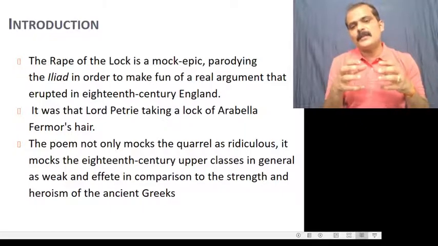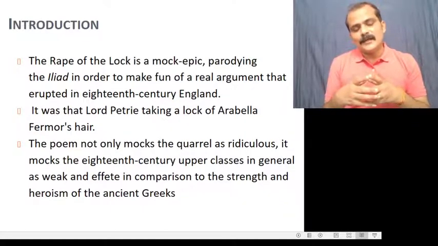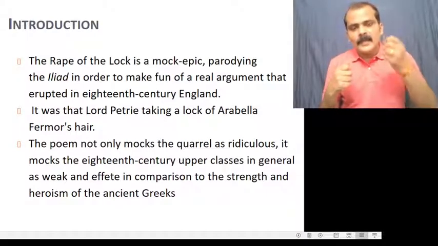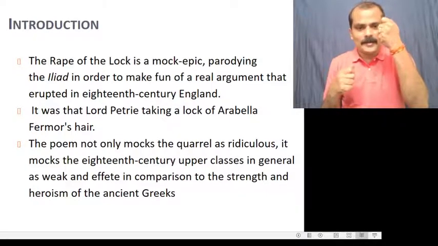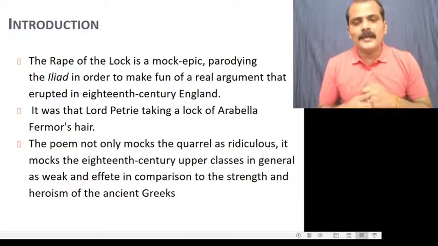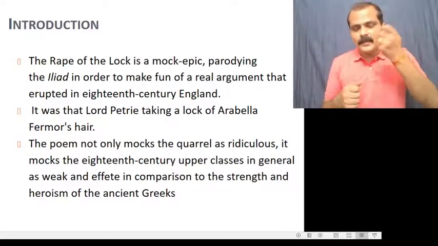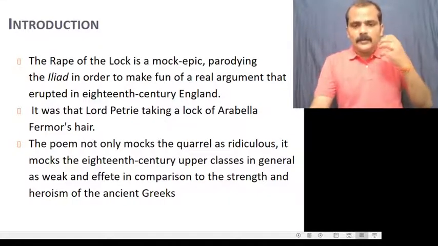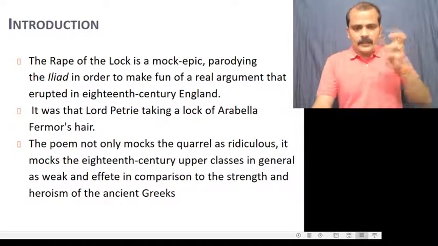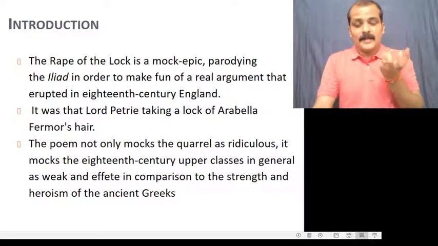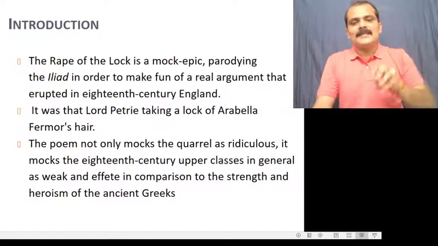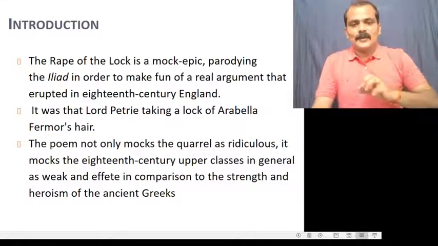This is the background for this poetry. Lord Petre taking a lock of Arabella Fermor's hair is called raping the lock. Then the conflict between these two, Arabella and Petre, takes its root in this poem.